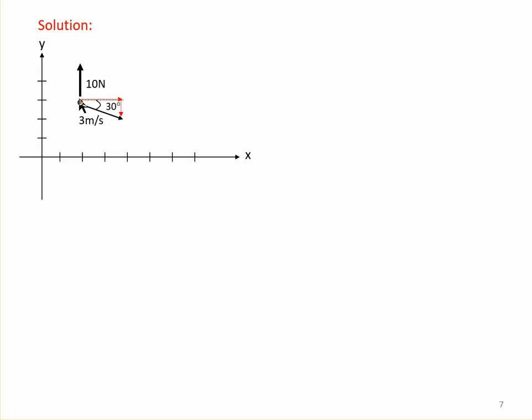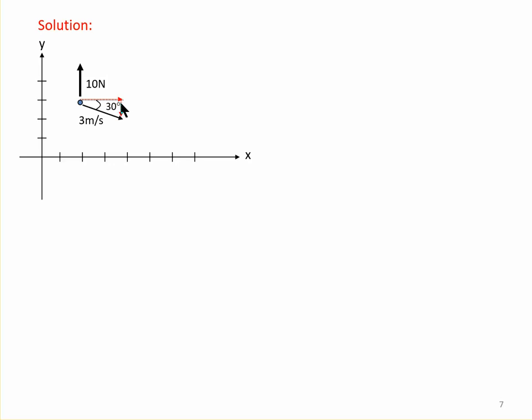So let's think about it. There is no horizontal force acting on the object. There's only a vertical force. So if there's no horizontal force, then the horizontal motion of the object won't be affected. So however fast it's moving horizontally at the beginning, it's going to continue to move horizontally at that same rate.